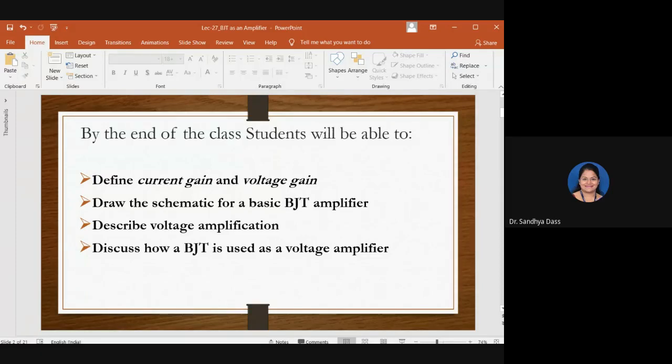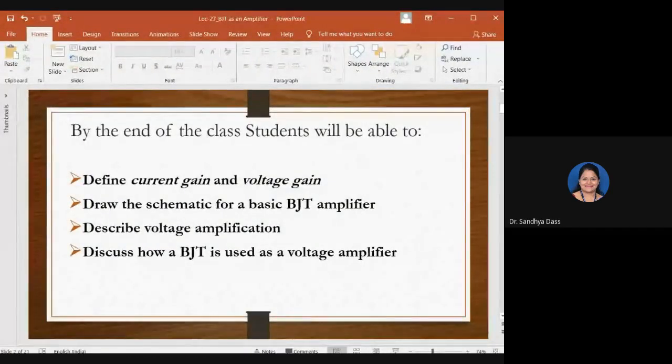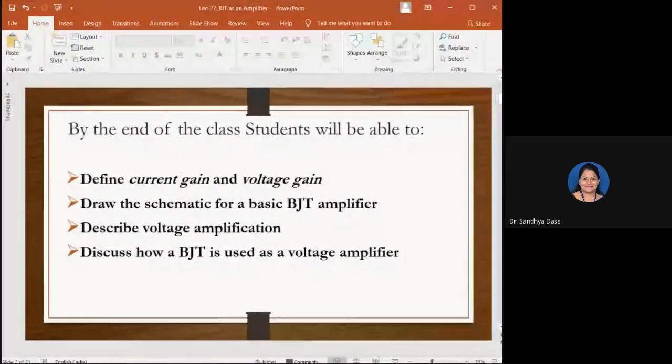Since we know that BJTs are mainly used as amplifiers, the other devices we came across, JFET or MOSFET, are typically used as switches, whereas the BJT is used in circuits where you need amplification.